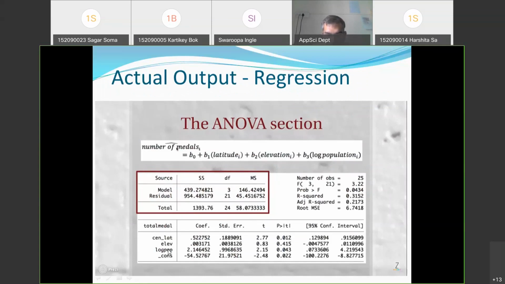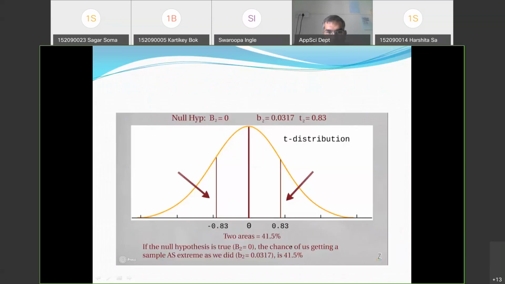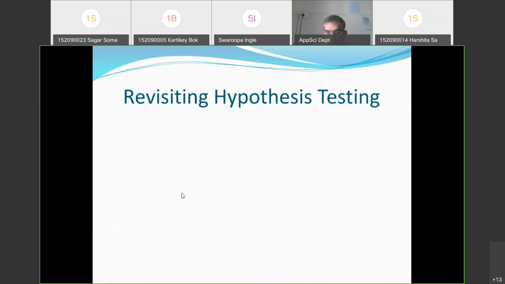Here there are three independent variables: latitude, elevation, and population. So this is basically how an output of regression looks like. We will try to understand these numbers, these headings. Before that, let us have a look at hypothesis testing again.